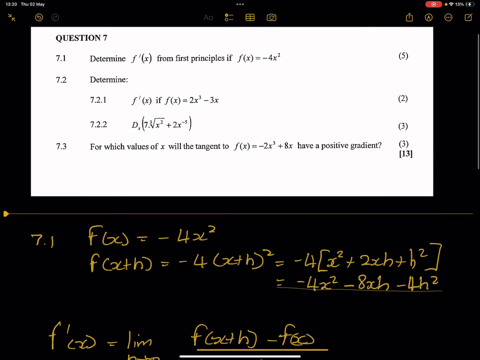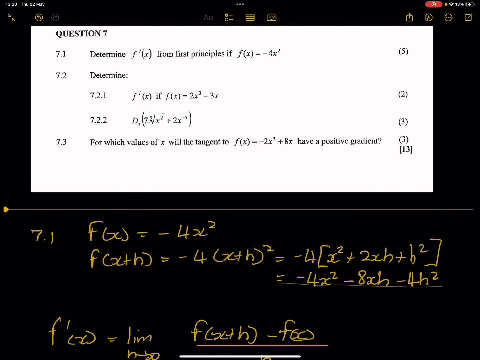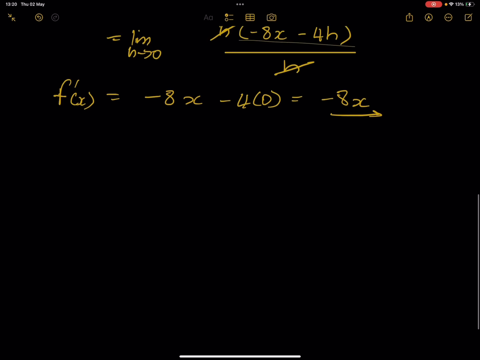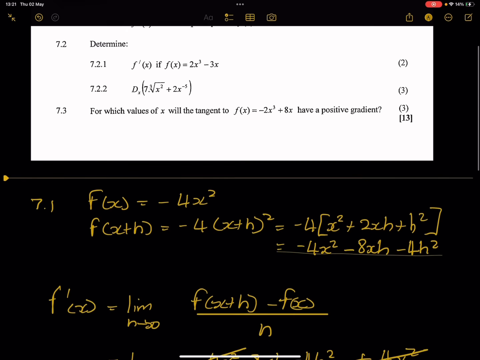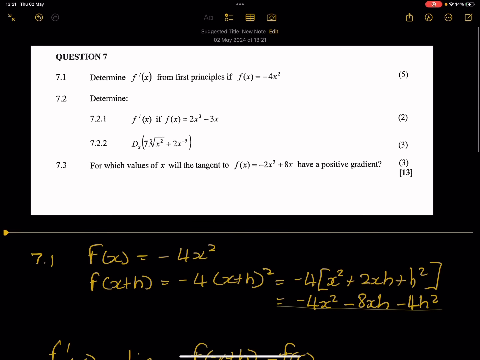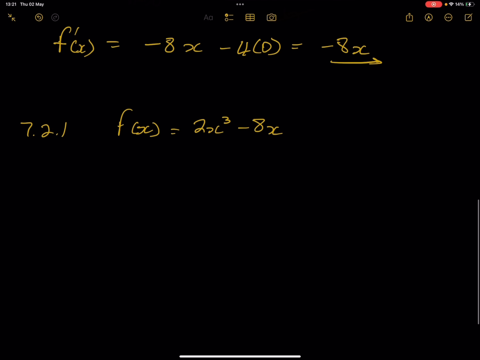So they say determine f prime if f of x is 2x cubed minus 3x. So for 7.2.1, we've got f of x is equal to 2x cubed minus 3x. And now we're looking for f prime.